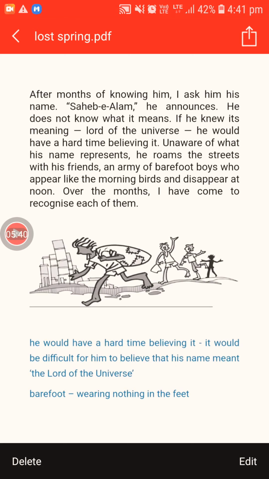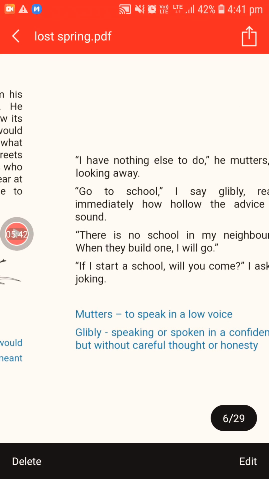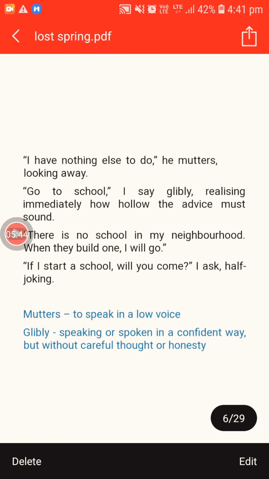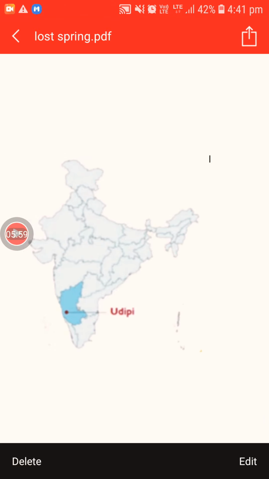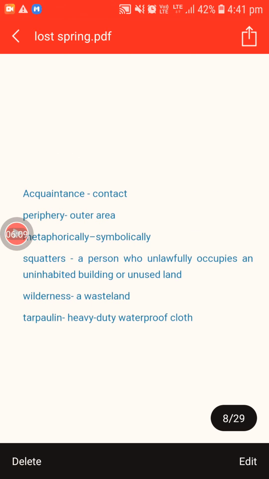And a lot of difficult words I have discussed with you here. Glibly means speaking in a confident way but without careful thought or honesty. Udupi is a place which is mentioned in the chapter again, where the author talks about a kind of temple.